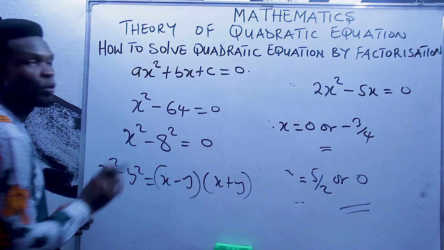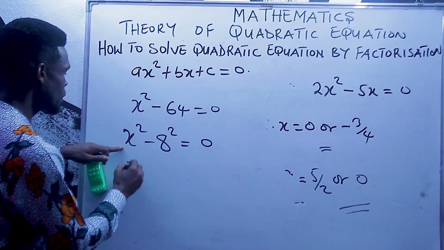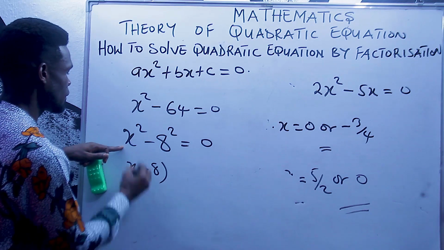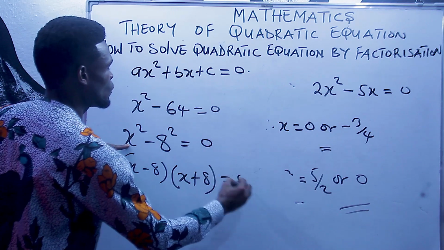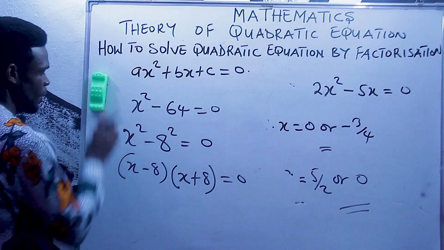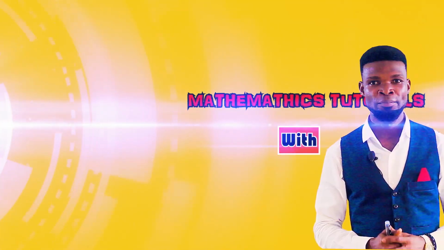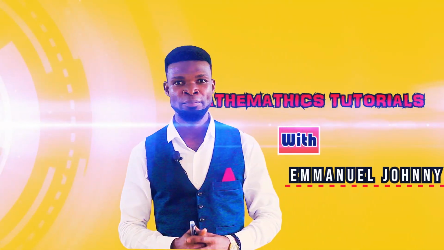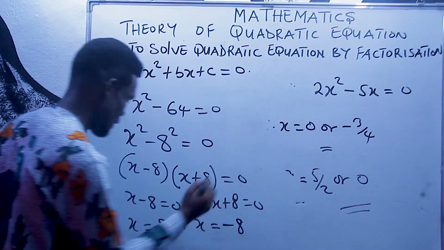So what am I going to do here? This is going to be pick one x minus pick one 8 into pick the other x plus 8 equals 0. So here you can say x minus 8 equals 0 or x plus 8 equals 0, so x equals 8 or x equals minus 8.